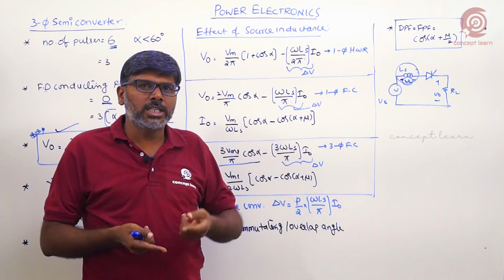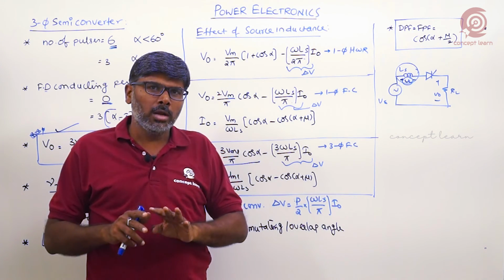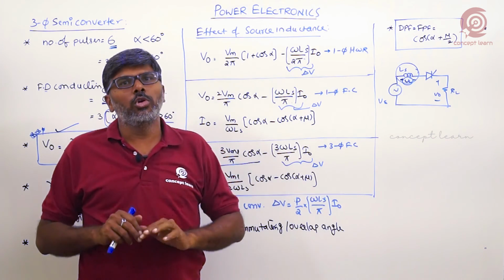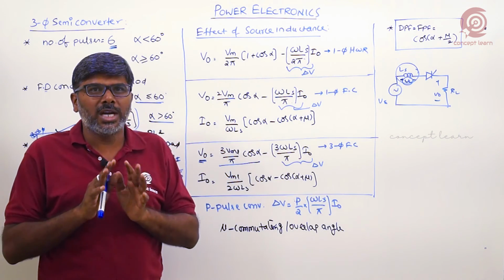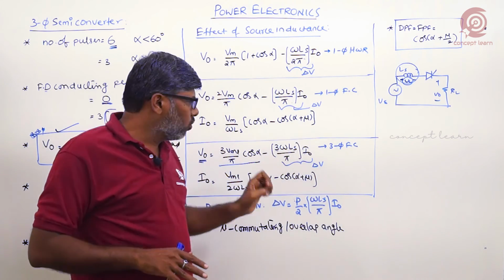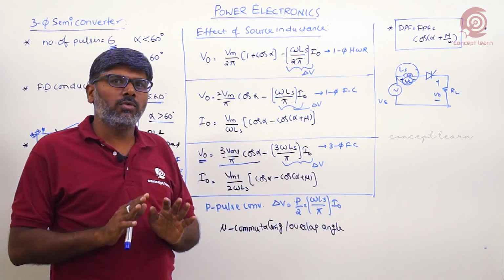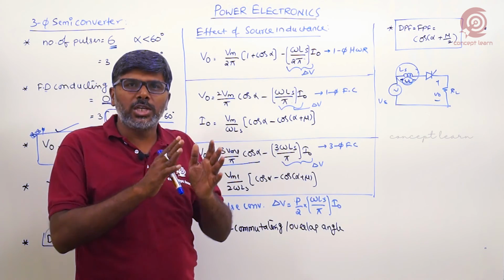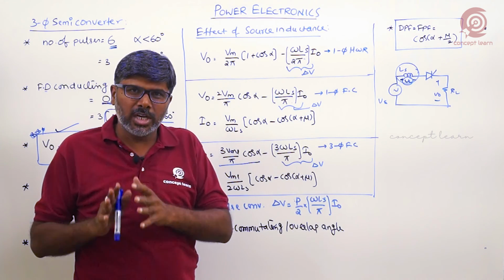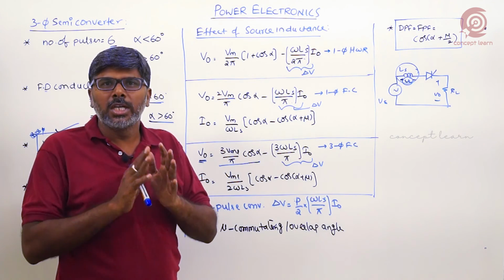With source inductance, during commutation, 1 from the upper group and 2 from the lower group, or 2 from the upper group and 1 from the lower group. So 3 switches are conducting at a time, so there must be some reduction in the output voltage. This is the output voltage calculation with source inductance. Finally, source inductance reduces the output voltage of the converter, which reduces the performance of the converter circuit.